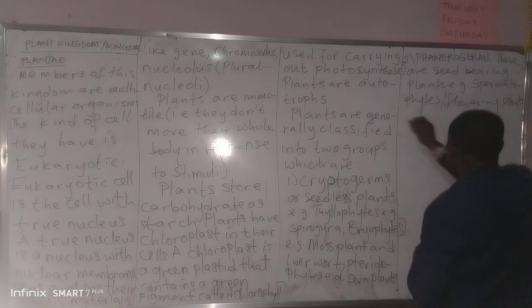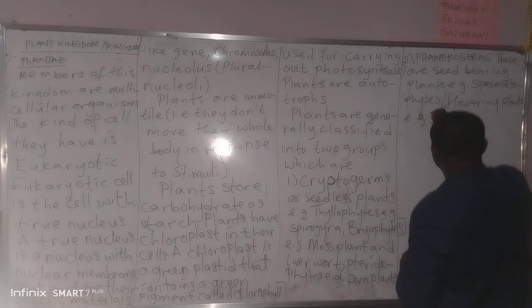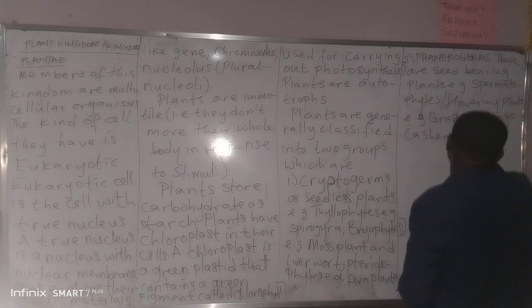So, e.g. grasses, you have mango, cashew, any plant you can name around you, they are phanerogams. They are seed-bearing plants. They produce seed.